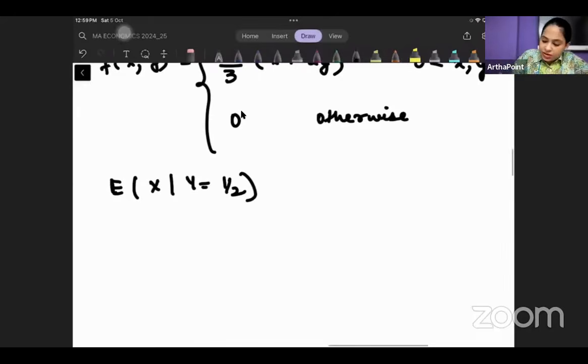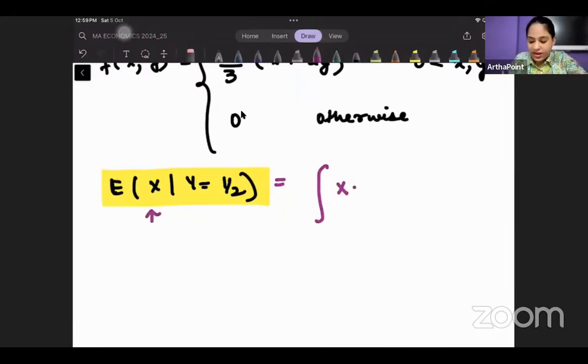Now, if I open the expected value, what will happen? Whenever we have to find the expected value of anything, we integrate that. Here we need the expected value of x, so x into the probability.